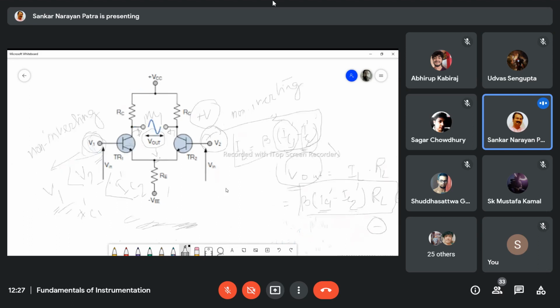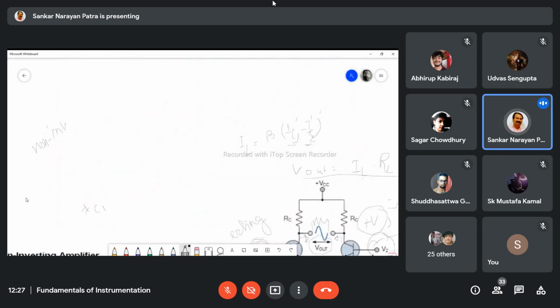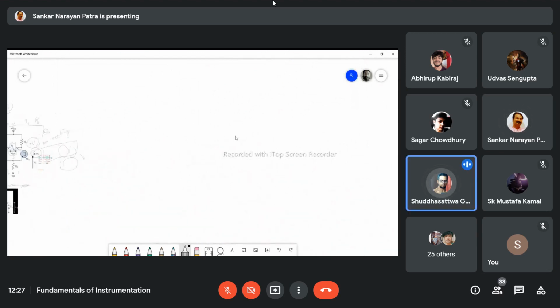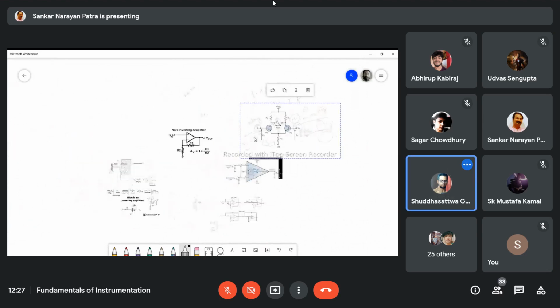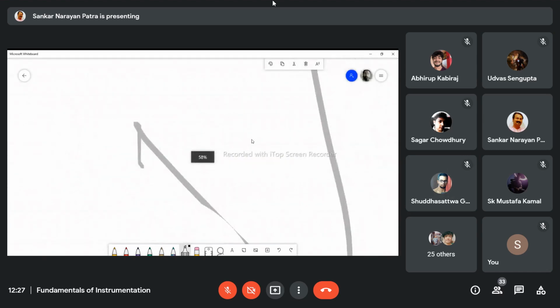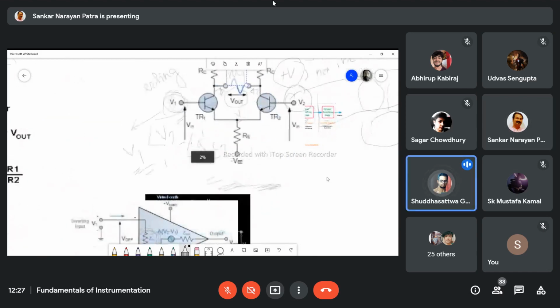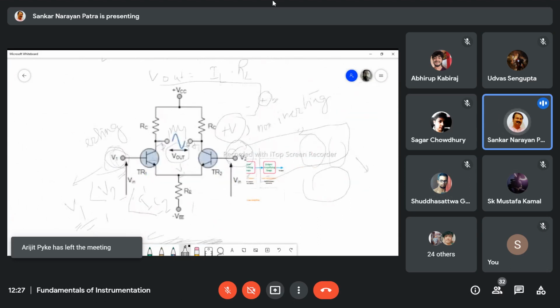This is the first one. What you learned here? Sir, could you explain the V1 greater than V2 case once again? Which one? This one. Sir, V1 greater than V2. If V1 is greater than V2, then my expression was V output is IC1 minus IC2.